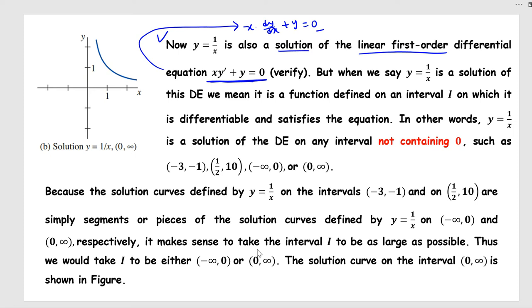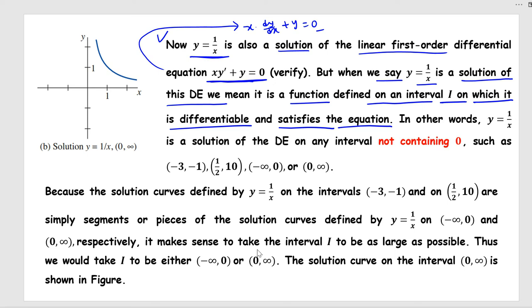If you solve it, you get this as a solution. But when we say y equals 1 by x is a solution of the differential equation, we mean that it is a function defined on an interval on which it is differentiable and it satisfies the equation. So you see the clear difference.